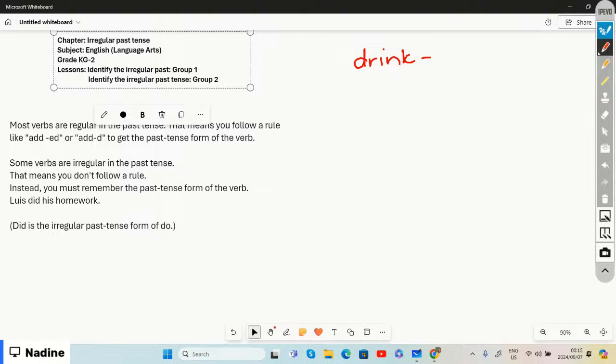And if we were to look at the past tense form of the word drink, then it is drank, right?